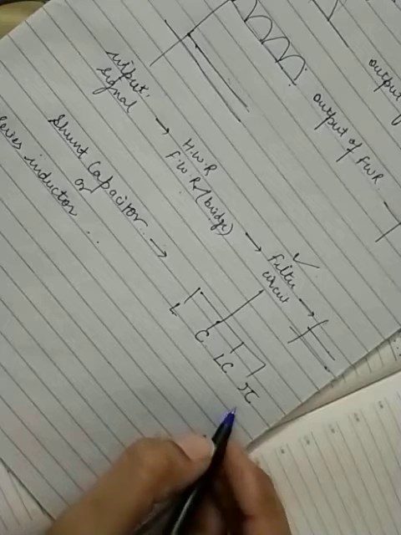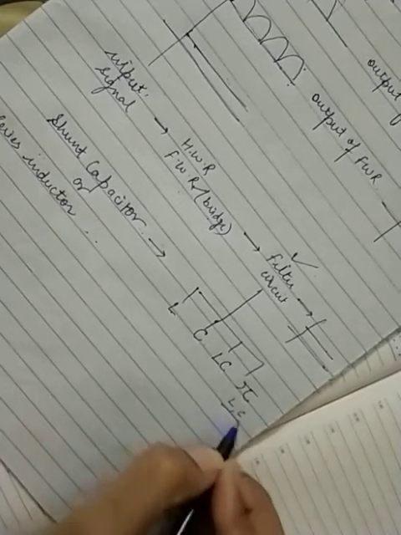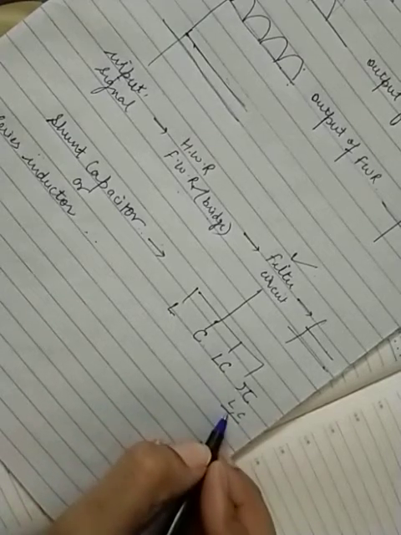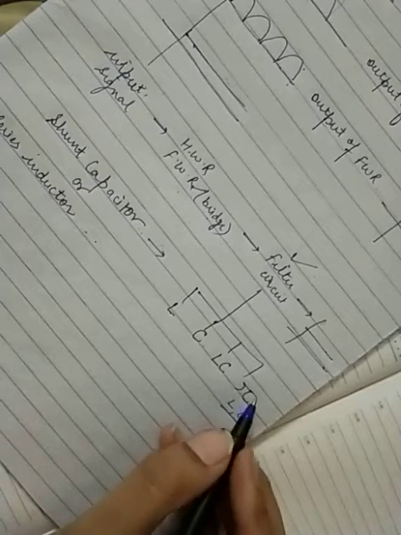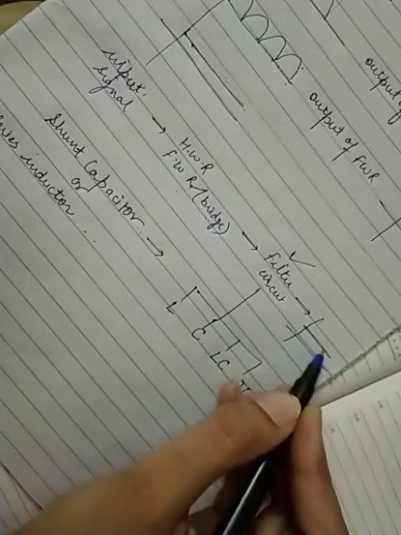The pi filter is basically a combination of L and C. Both are combinations of L and C, but the pi filter is the most widely used because the ripple factor for this filter is very, very small. We just want to reduce the value of the ripple factor so that we can get almost a pure DC voltage.